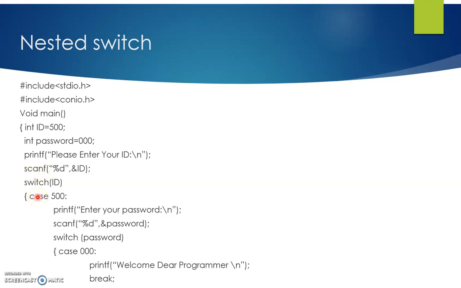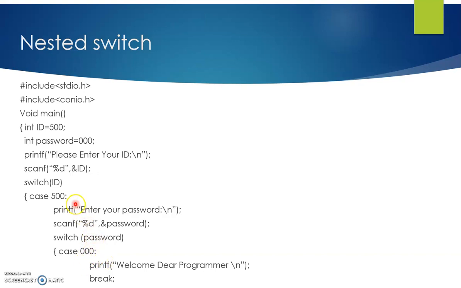Here an outer switch construct is used to compare value entered in this variable ID. It executes the block of statement associated with this case ID equals to 500. After this execution, the inner switch is used to compare the value entered in the variable password and execute the statement linked with the password equals to 000.